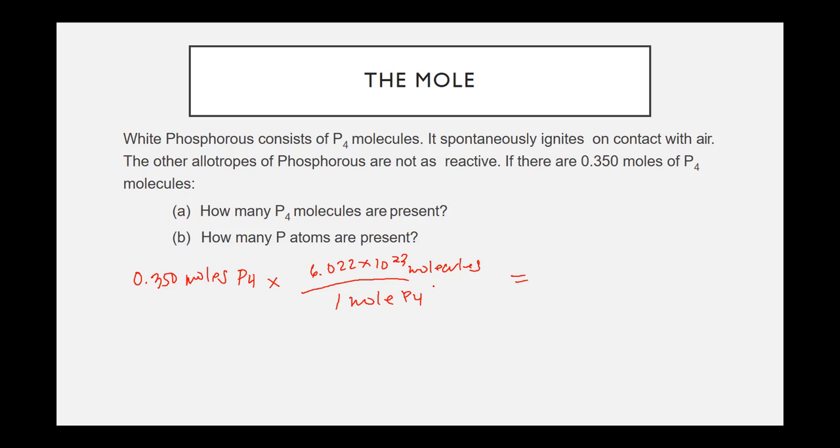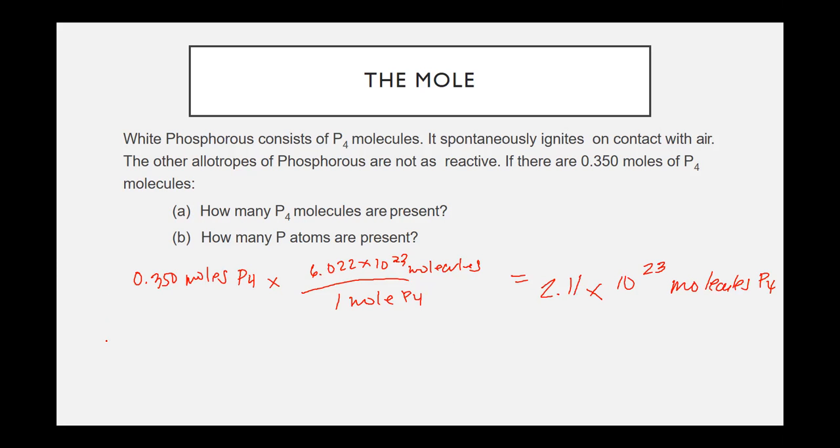So multiply natin siya. So we have 2.11 times 10 raised to 23 molecules P4.